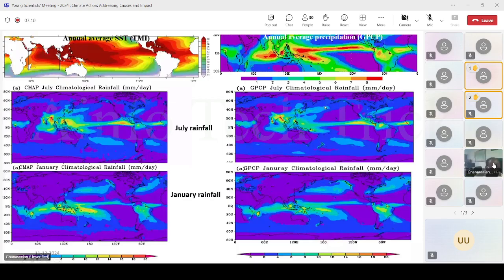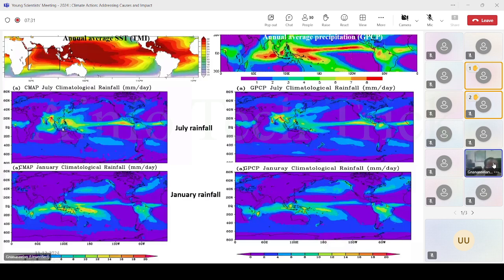So climate variability such as ENSO or IOD can modulate these precipitation patterns a lot, and so we need to really understand the mechanisms and what will happen to the precipitation patterns in a warming climate.